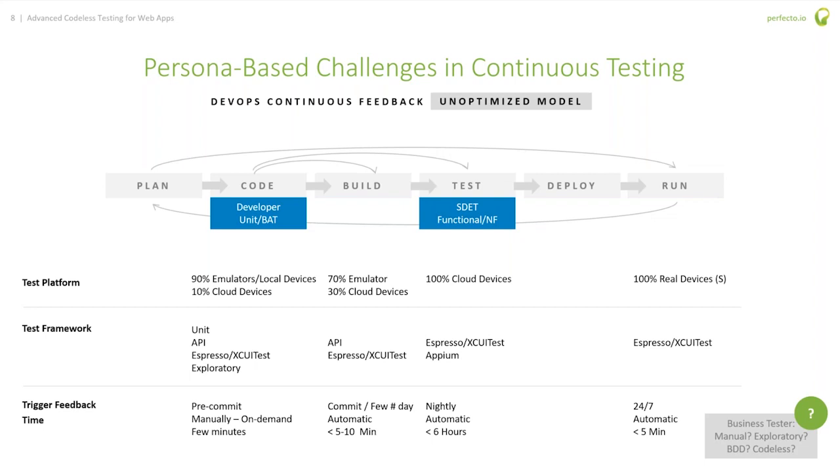This leaves an opportunity of around 30% test automation that today is either not being conducted, or when it's conducted by the business testers, right down below here, it's not done at the right time within the cycle, or it's done manually, so the feedback is either not being delivered or it's too late to be acknowledged and taken into consideration when we release software to the market. So this is the unoptimized continuous testing model as we see today, seeing all the three different personas across this pipeline or the software iteration.